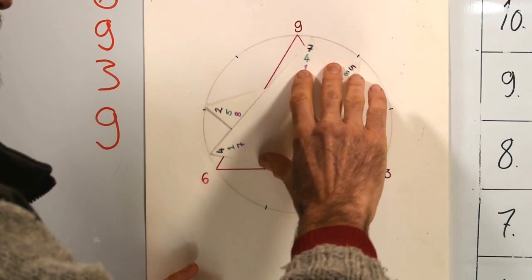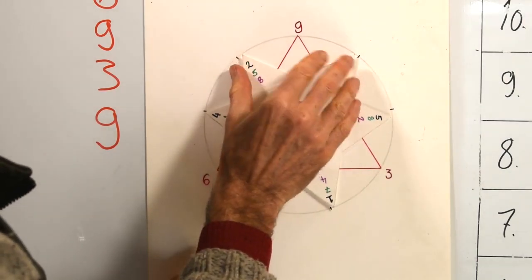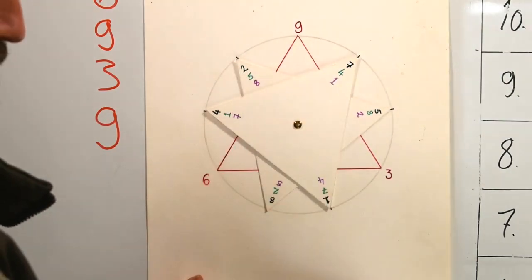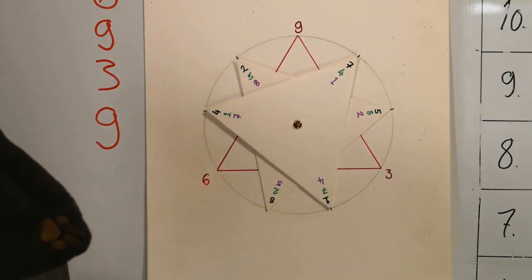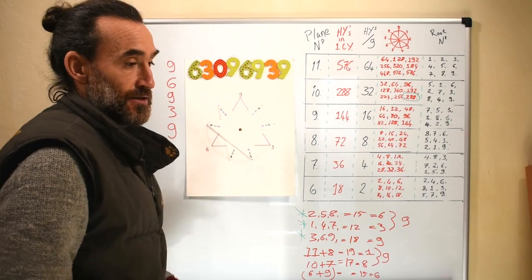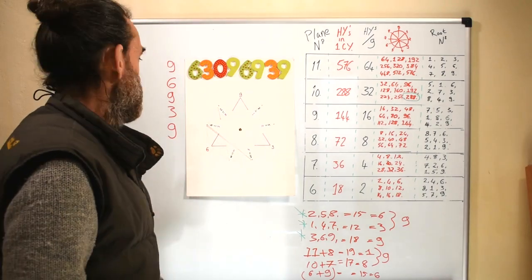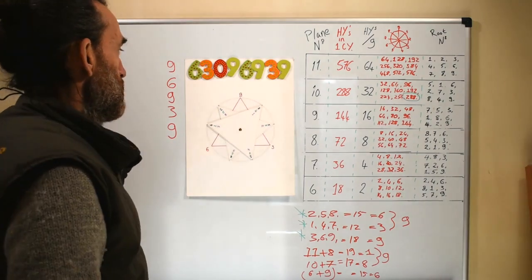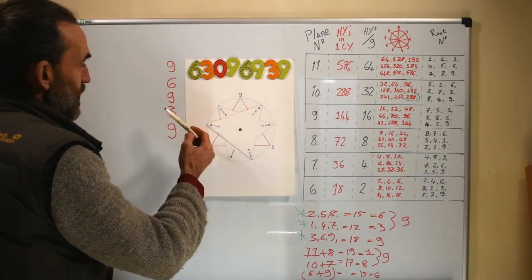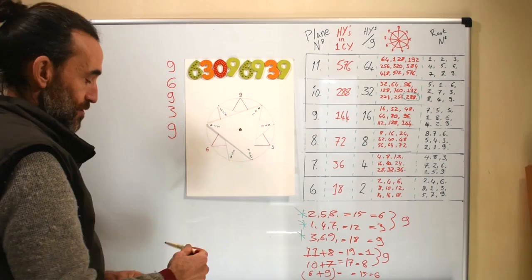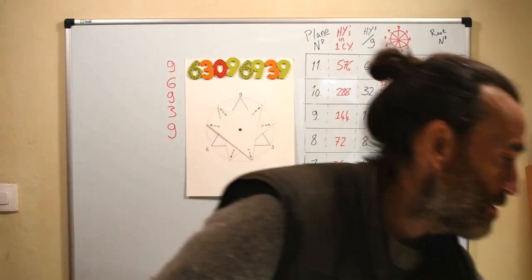You get a couple of odd 5-pointed, 6-pointed stars and 9-pointed stars. So that's the close-up work on that, and so the run goes 9-6, 9-3, 9-6, 9-3, and so on and so forth.